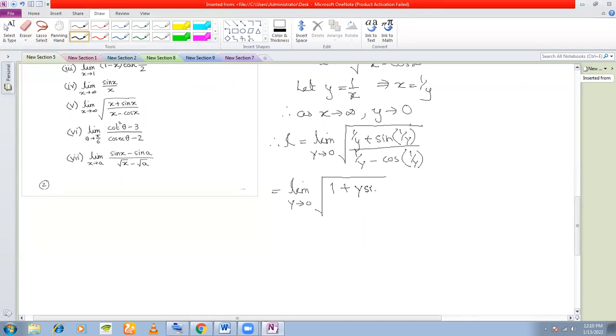And in the denominator, I am going to get 1 minus y cos 1 by y, right? Okay. Now what happens? Because there is a square root, that means this function is raised to the power of half. This limit now can enter the radical.